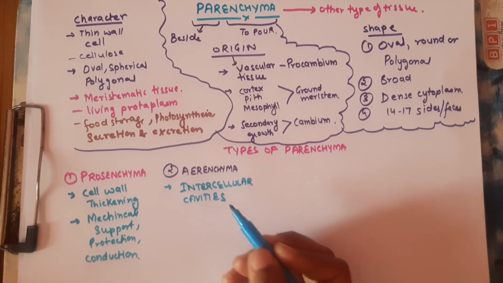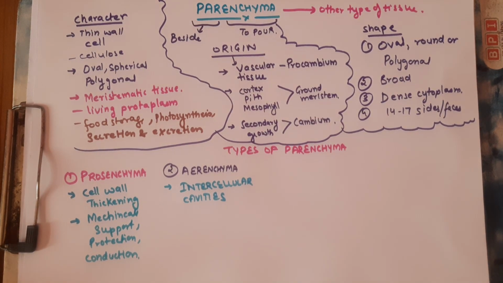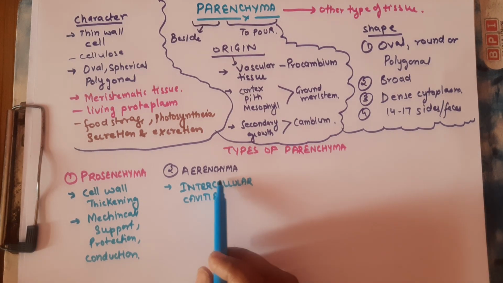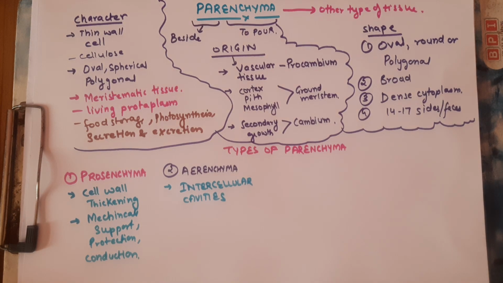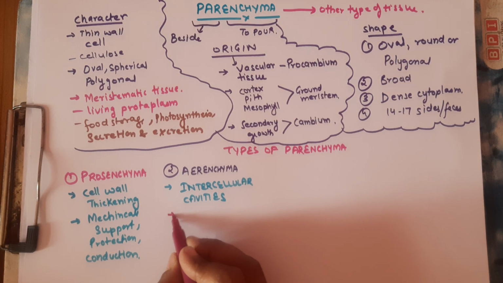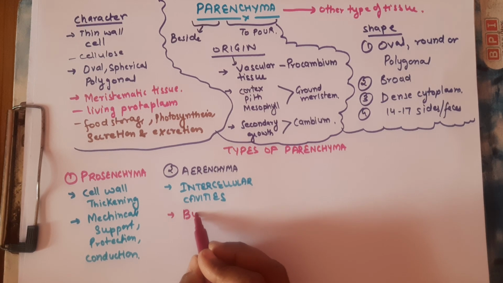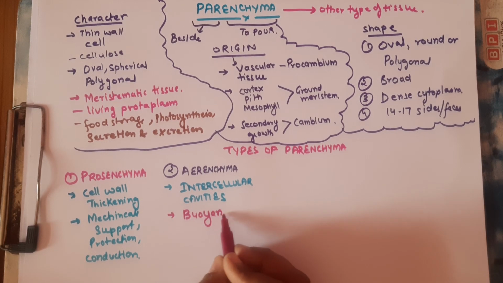If the parenchyma has large intercellular cavities, then it is known as arenchyma. They are present in hydrophytes, and the main function is to provide buoyancy so that the plants can float on the water.